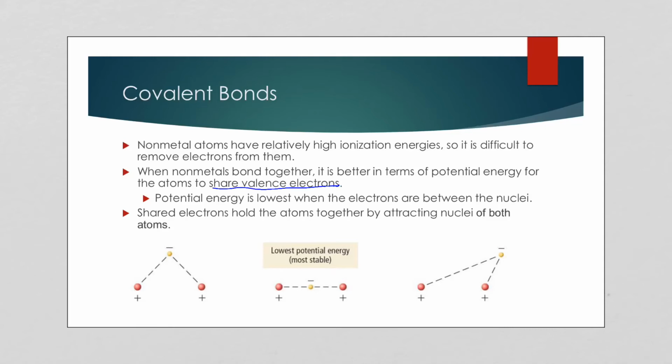And it turns out that the potential energy, right, is lowest when those electrons are sort of localized, if you will, between the two atoms. So if we think about the negative charge being located between the two positive charges, we can think about mutual attraction here. Right? So the electrons are mutually attracted to the two positive nuclei of the bonding atoms.